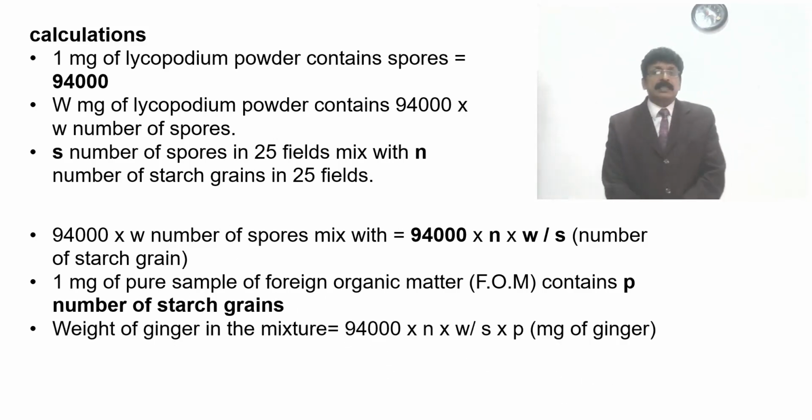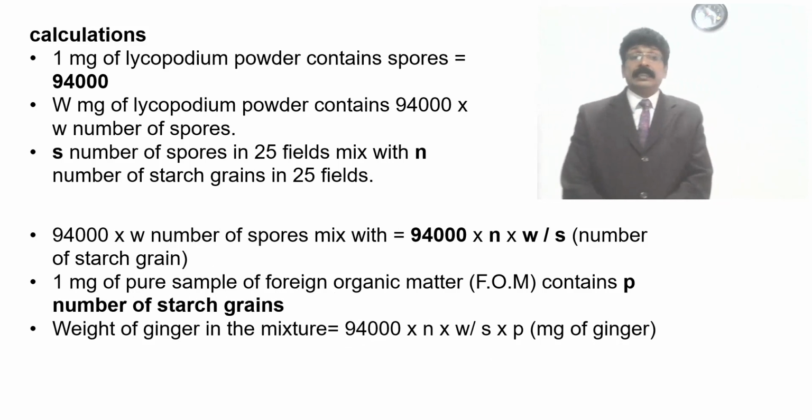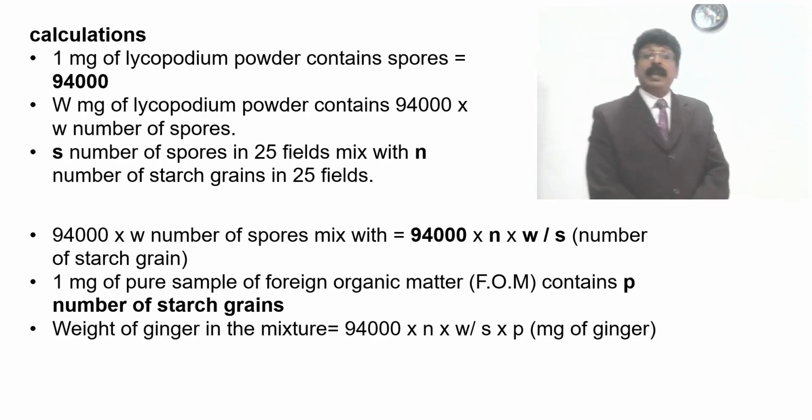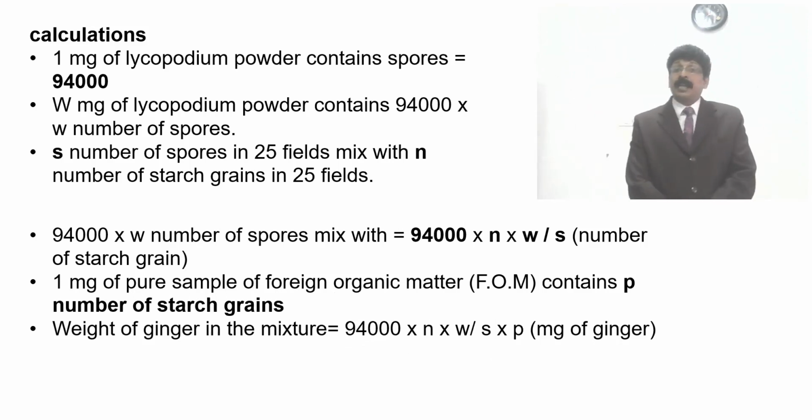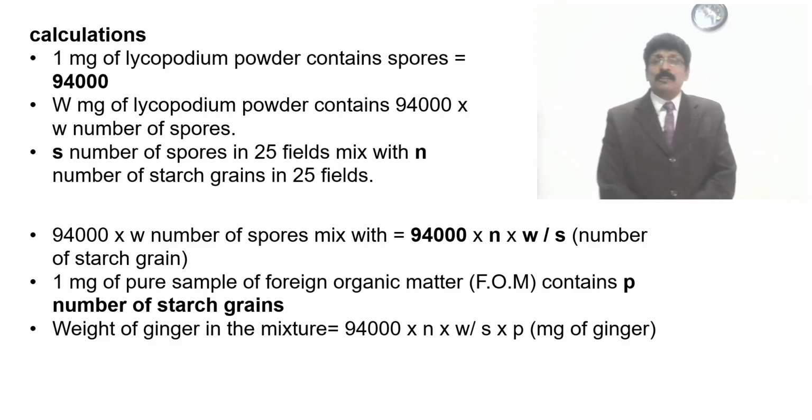So the weight of this ginger mixed is 94,000 into N into W divided by S into P milligram of ginger.